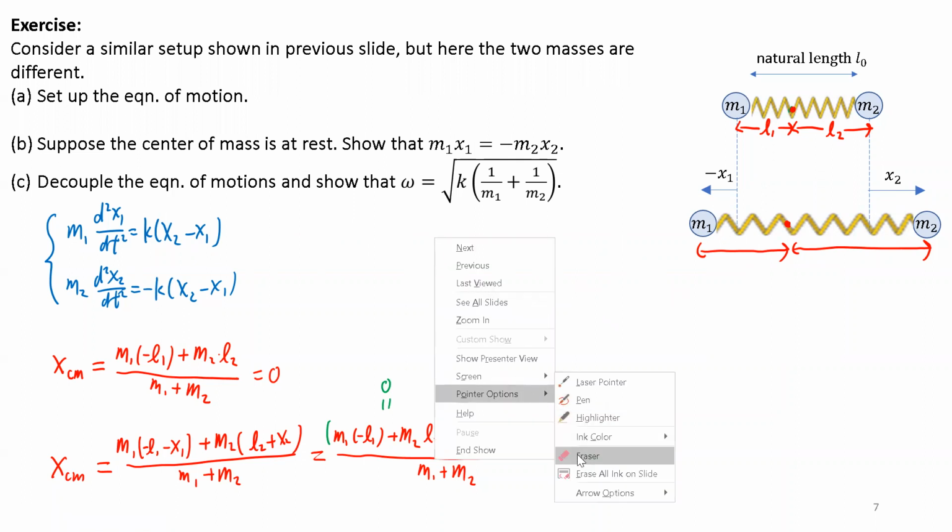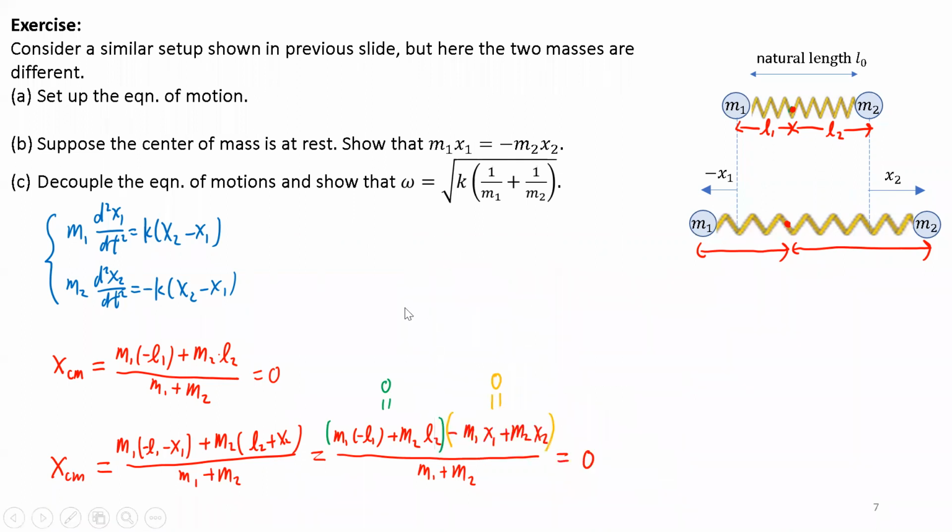Let me just erase, and let me just open a new page. Then I can substitute the relation between M1 X1 and M2 X2 into this equation over here.